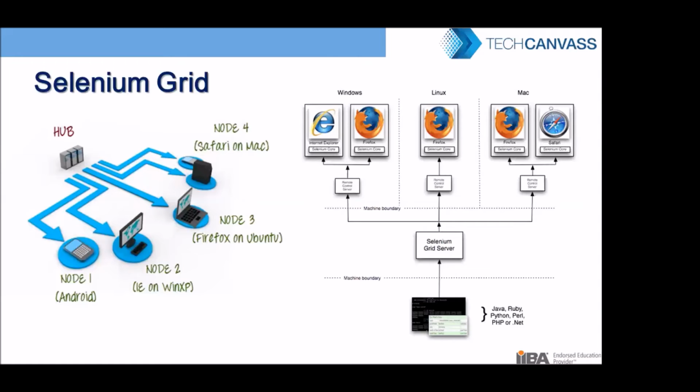And why Selenium Grid? Because it will support different operating systems like Windows, Linux, Unix, every platform. We have to run our test on multiple browsers, suppose IE, Firefox, and Chrome, all three browsers, and on different operating systems.